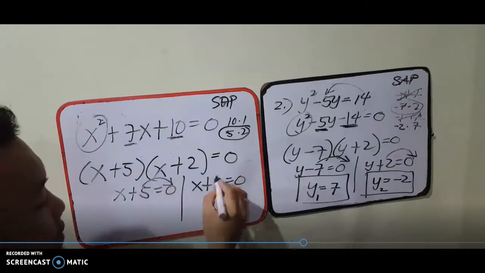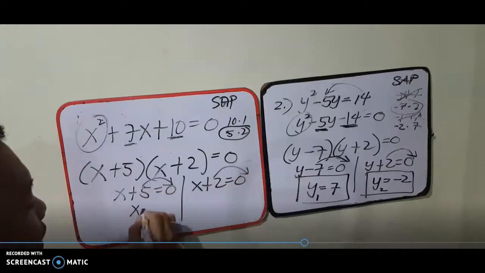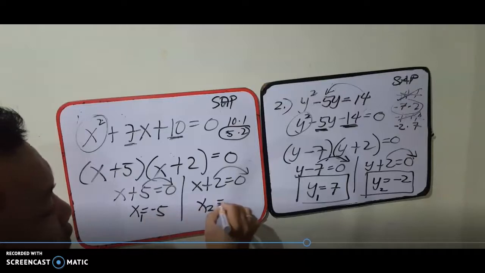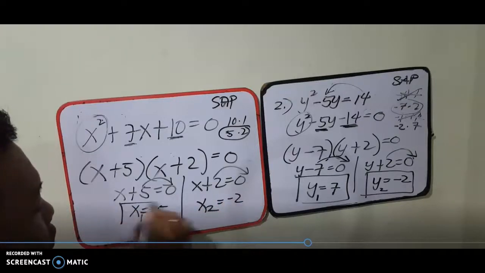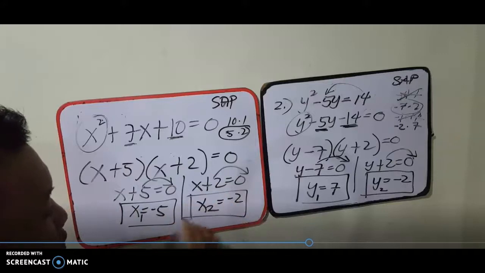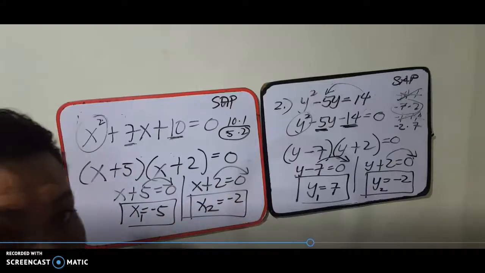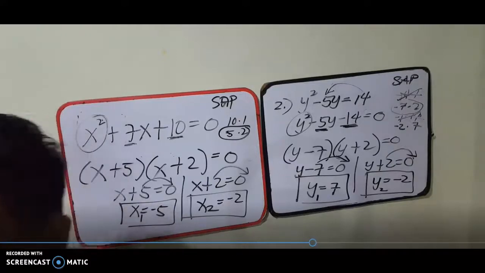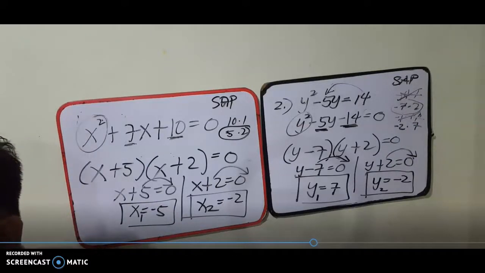Then move 5 to the right side of the equation. It will be x is equal to negative 5 as x sub 1, then x sub 2 is equal to negative 2. So we'll have these as the solutions. That is if your a is equal to 1. But if your a is greater than 1, just like this example.